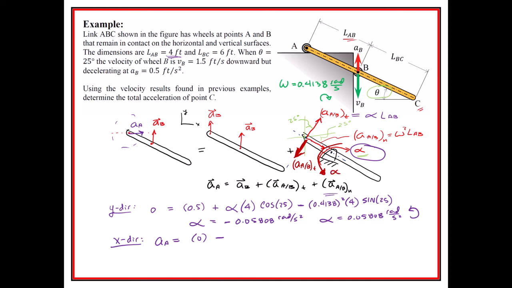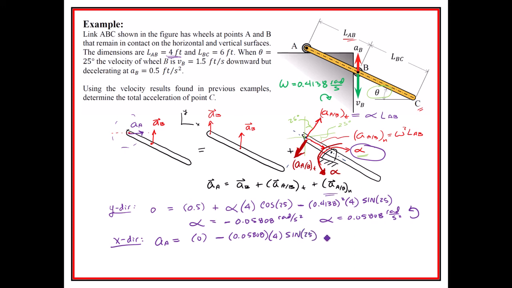This is the actual one. So continuing on, that's in a negative x direction, and that's going to be our 0.05808 times 4 times the sine of 25, right?